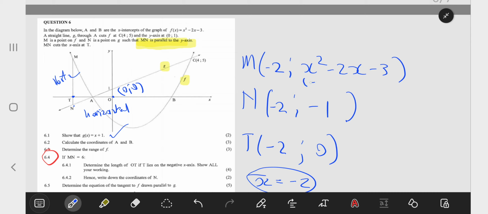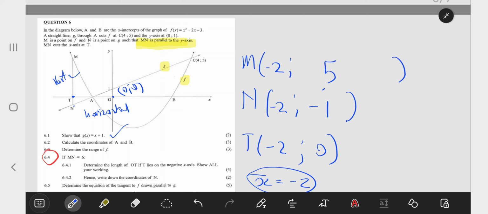Right? So what happens, negative 2 squared, then negative 2 minus 3. So negative 2 squared gives 4, and then negative 2 times negative 2 gives positive 4, so it will be 4 plus 4 which is 8, and then 8 minus 3 which is 5. So in this case here it will be 5.